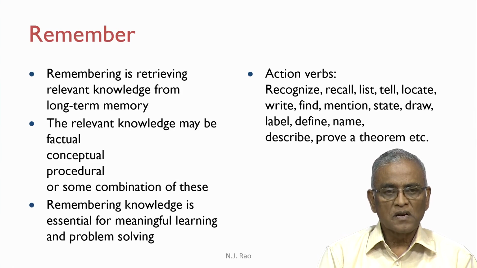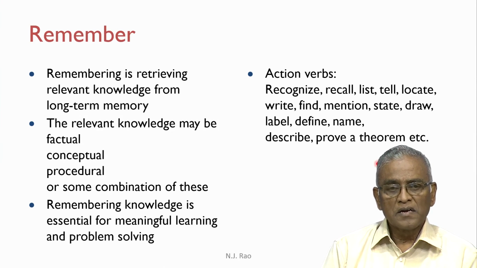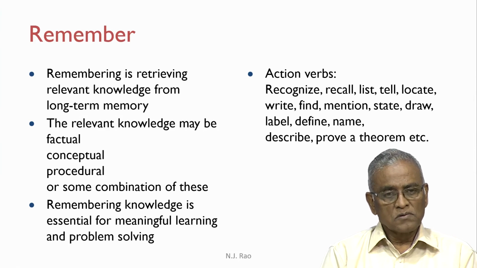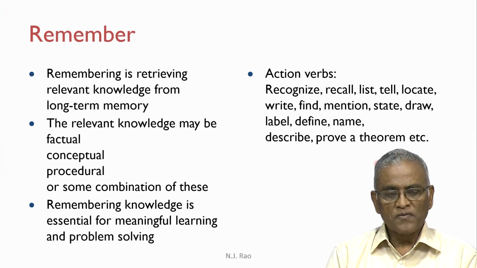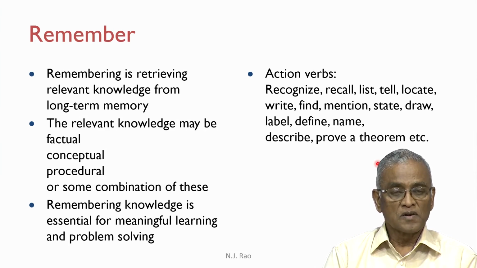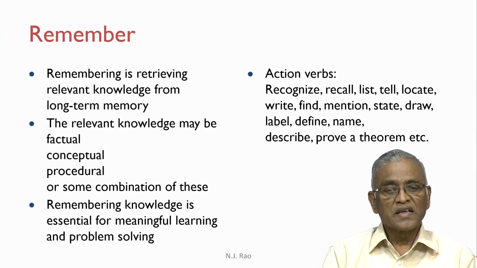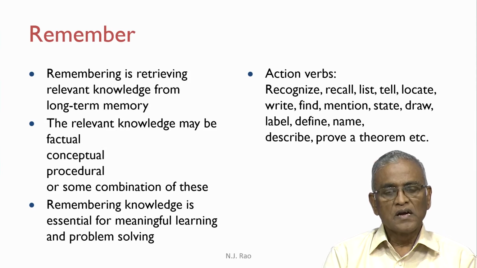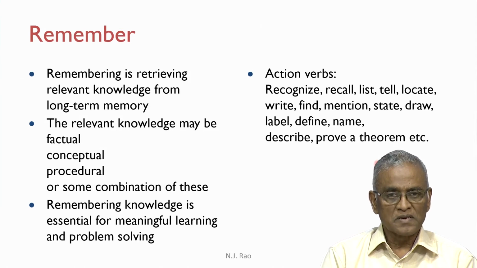These are procedural knowledge that needs to be remembered, and it can be a combination of any of these. Remembering knowledge is essential for meaningful learning and problem solving, and you have to keep loading a lot of information, but it cannot stop there. So, this is the lowest level activity and we require to remember many things.